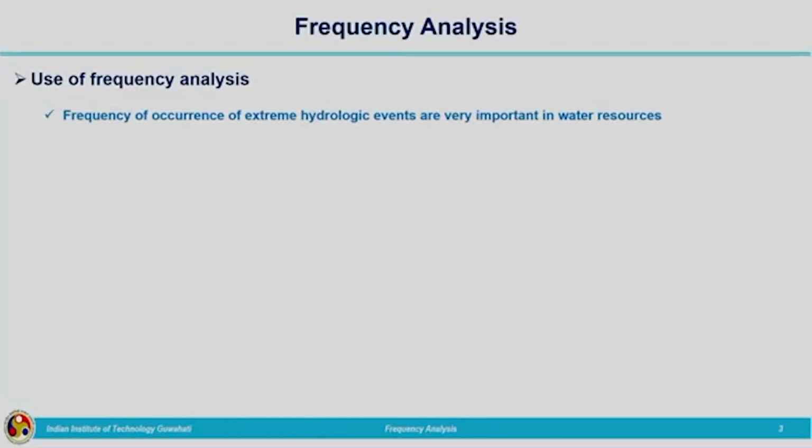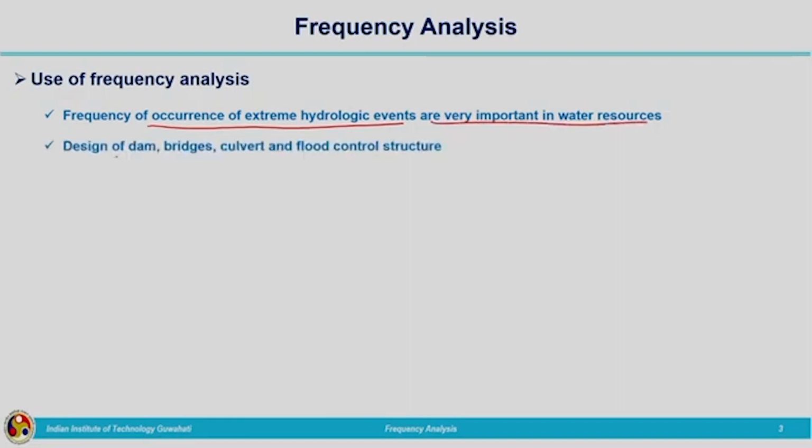In such cases, for determining the extreme event, we make use of frequency analysis. The frequency of occurrence of extreme hydrologic events is very important in water resources: the design of dams, bridges, culverts and flood control structures. These hydraulic structures are designed based on the frequency of occurrence of extreme events.